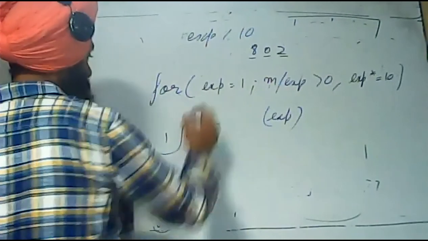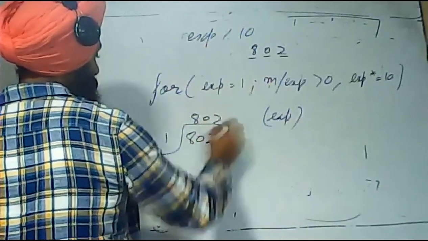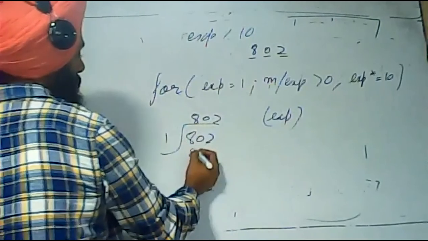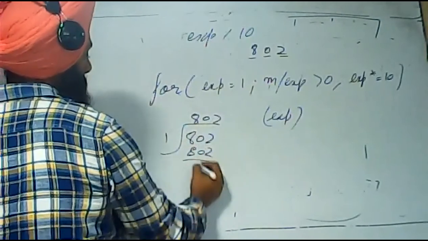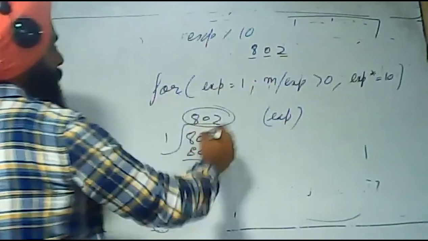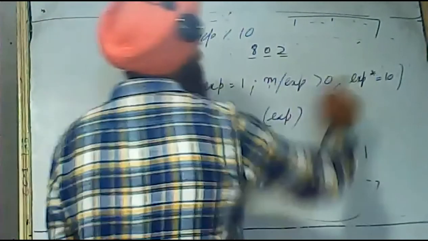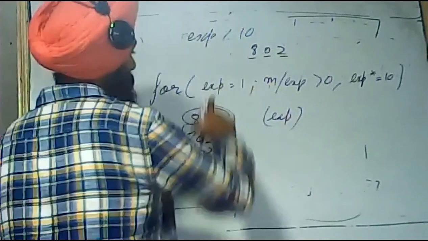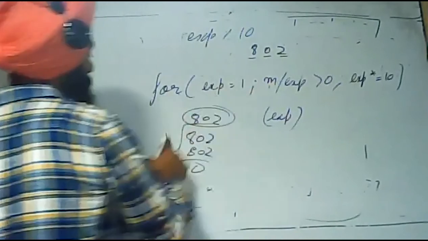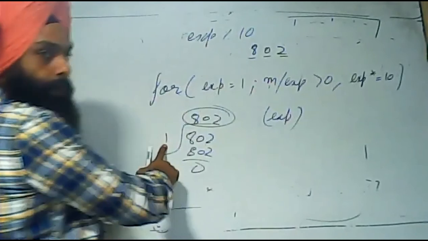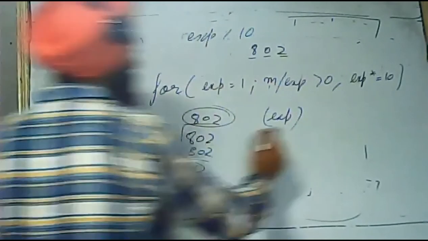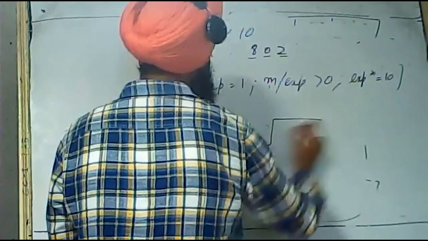So the value will be 802 here. This is greater than 0, so this loop will work. But what is the next step then? We need to multiply this with 10. So earlier it was 1. Now it will be 10 next time.